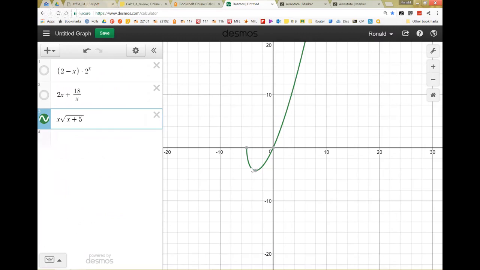Um, 40 divided by 9, 4 and 4/9. Okay. Negative 4 and 4/9. So right about in there is our point of inflection. It doesn't look right. It does not look like a point of inflection.